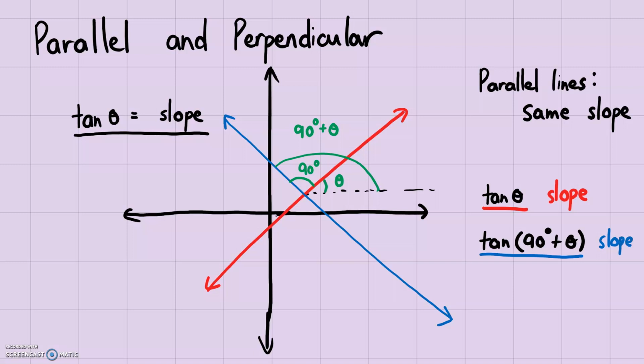Now we can simplify this. If you remember, tangent and the cofunction, cotangent, let me use this area on the left here. Just a reminder, cotangent of theta equals tangent of 90 degrees minus theta.